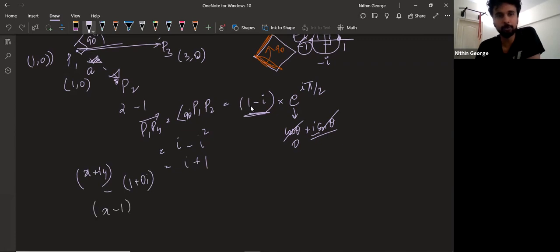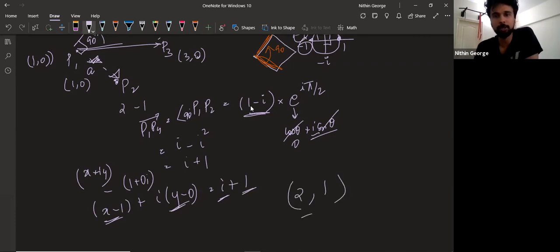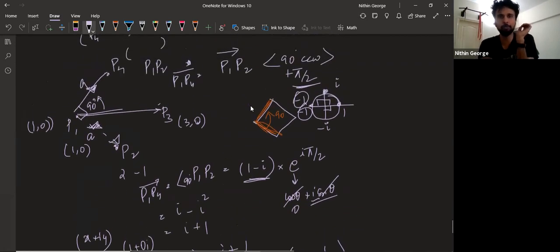So you get x minus 1 plus i into y minus 0 equal to i plus 1. So x minus 1 equal to 1 and y equal to 1. So x minus 1 equal to 1 means x equal to 2. So the point you're looking at is 2, 1 because y is equal to 1. Is this clear? So the point P4 will be 2, 1. That's the idea.